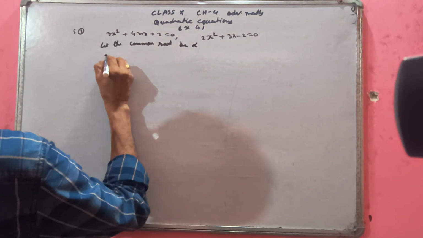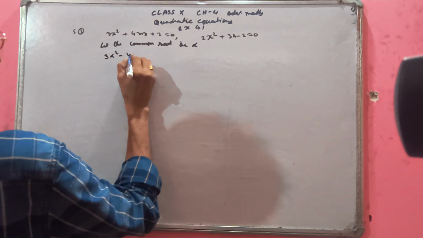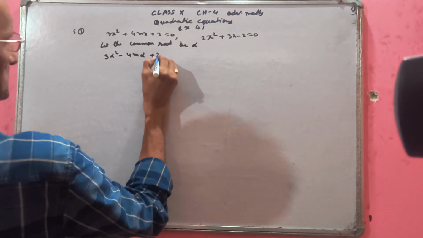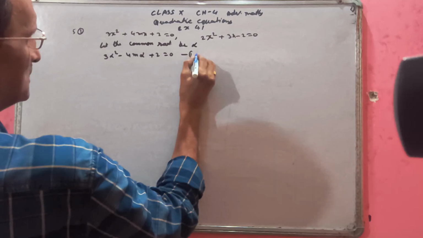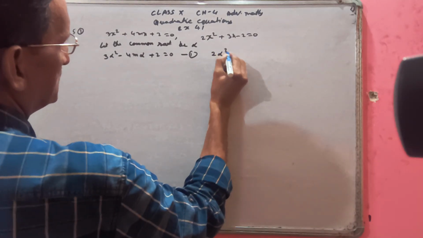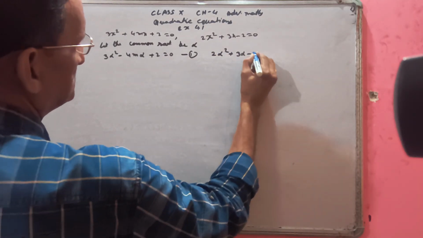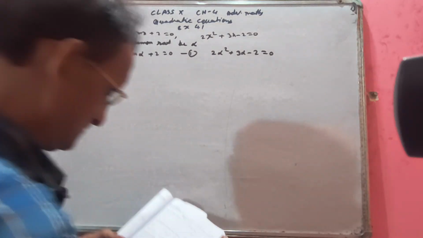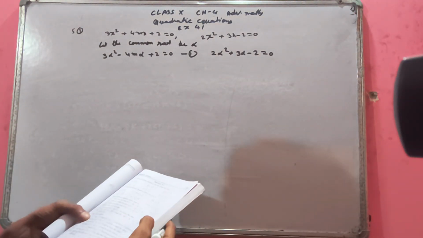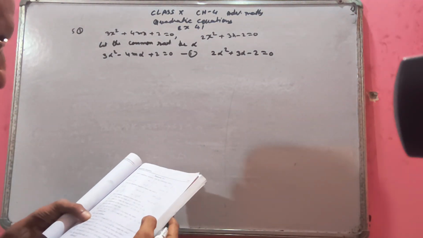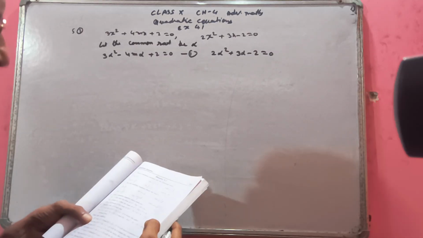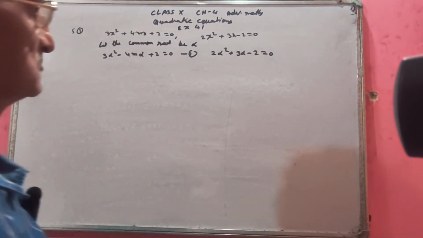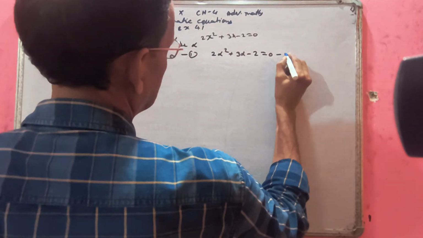The equation 1 will be 3 alpha square minus 4m alpha plus 2 equal to 0, and 2 alpha square plus 3 alpha minus 2 equal to 0. This is equation 2.